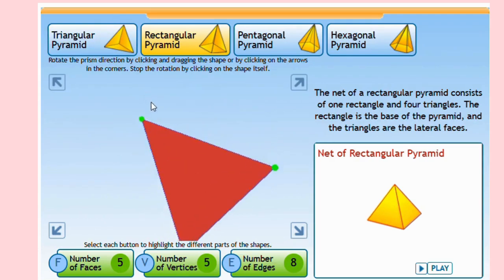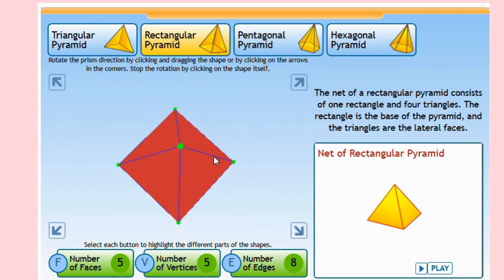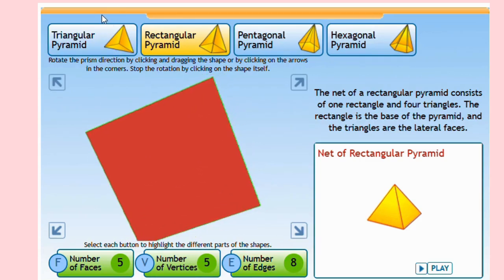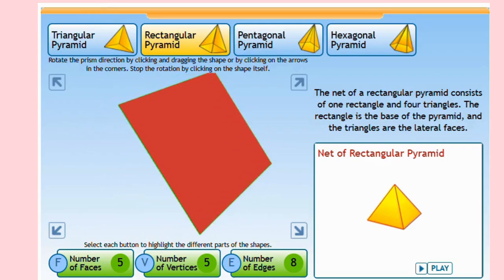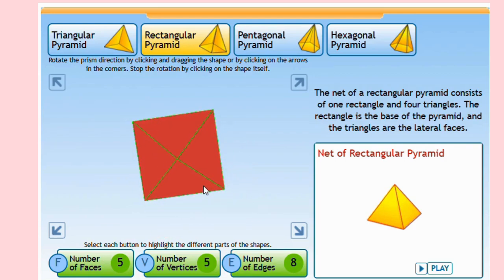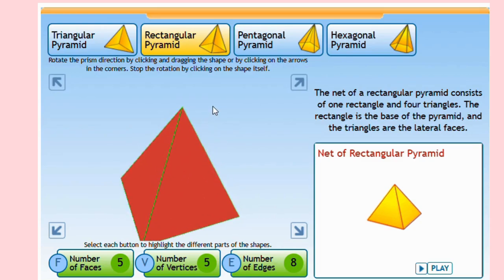So that makes up 5 vertices. The edges will then be where the square folds over, 1, 2, 3, 4 sides, and then where the triangle also connects, it's also 1, 2, 3, 4, making it 8 edges.